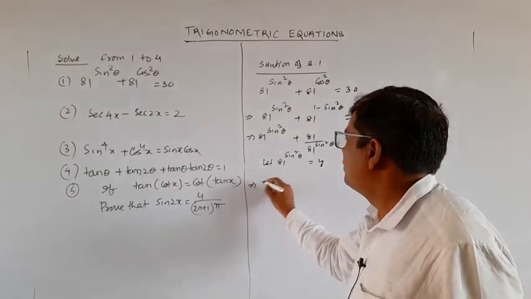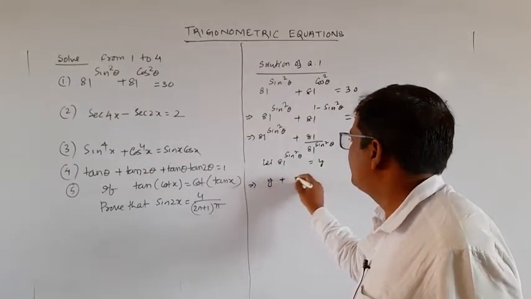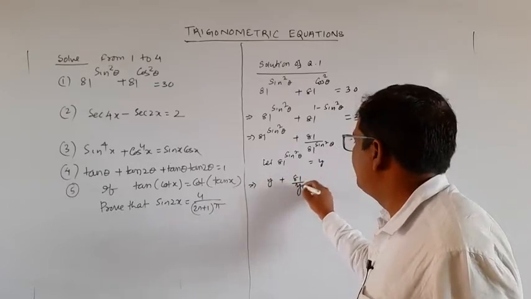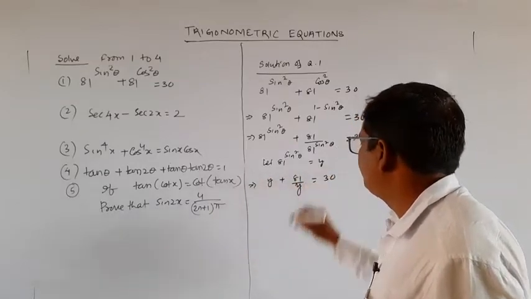So this is y plus 81 by y is equal to 30.